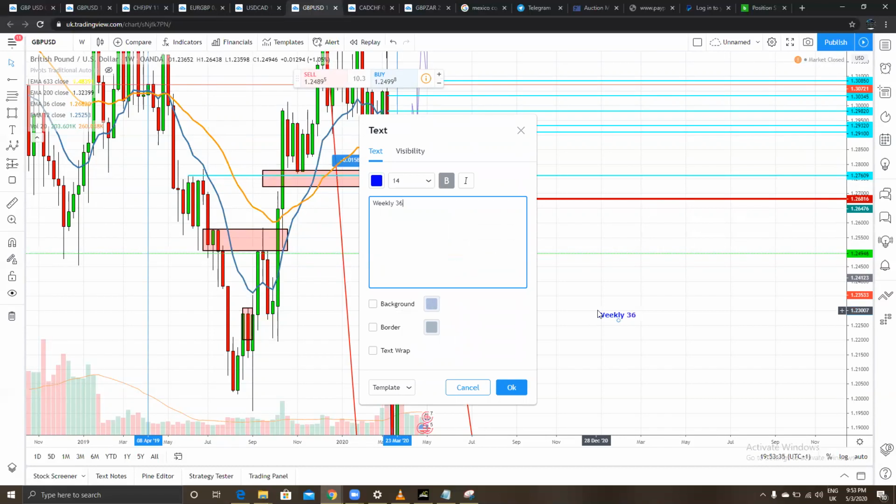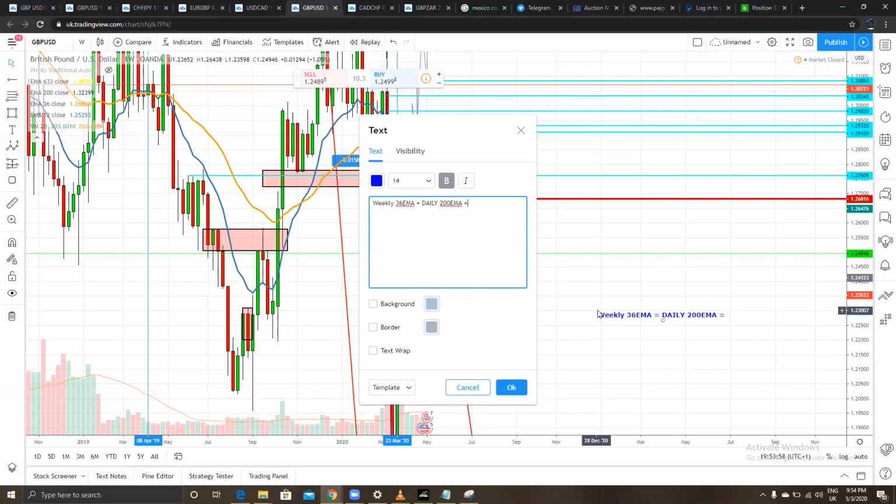Oh, I'm only going to do 12 minutes on this for everybody. I didn't know that it would take me so long. Weekly 36 EMA equals daily 200 EMA, or around the same area, right?